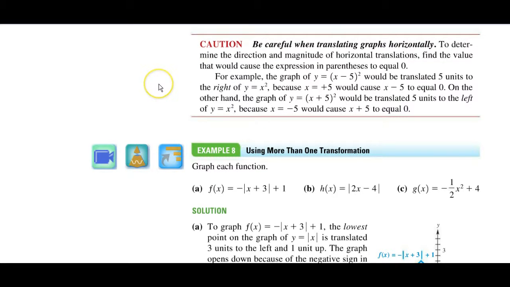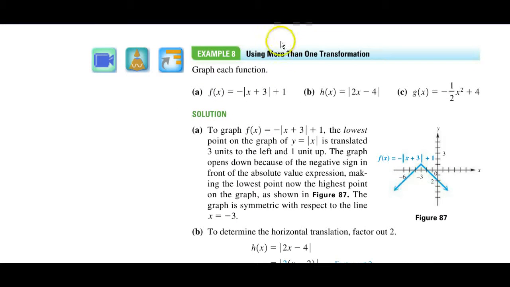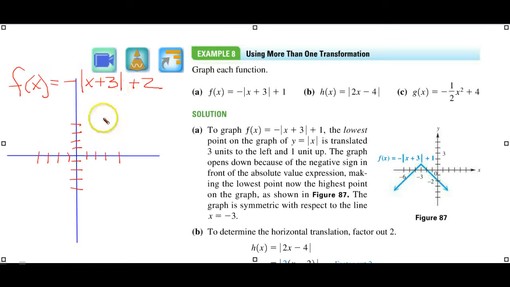Okay, so now we're going to use more than one transformation here. And let's see if we can analyze letter A. Took me a moment to set this up, but here's what we have. We want you to graph this. Well, first of all, try to copy it correctly here. There's a 1 there, not a 2.